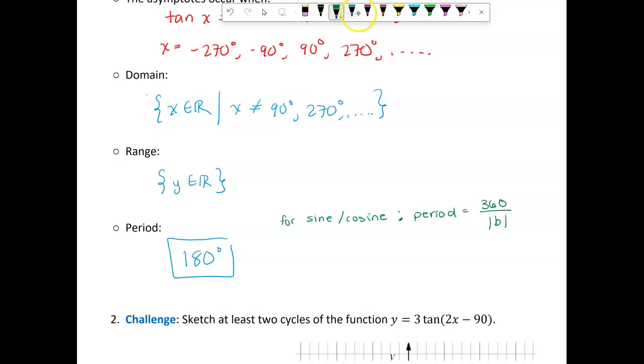But for tangent, this is now different. It is 180. So we write period is equal to 180 over b. Okay? So keep in mind that this is a different period equation now.